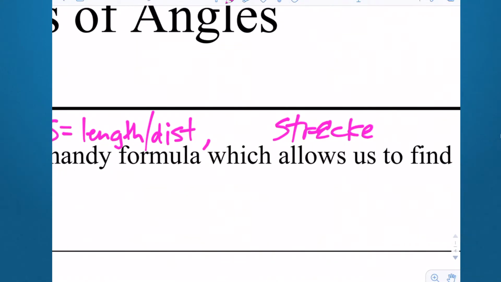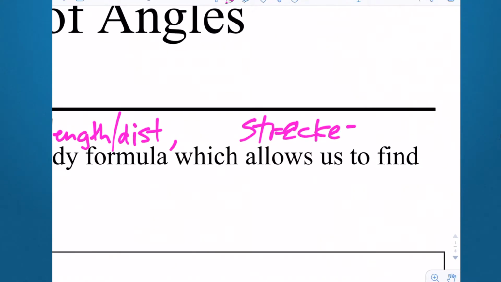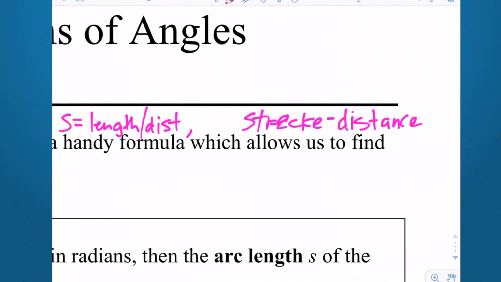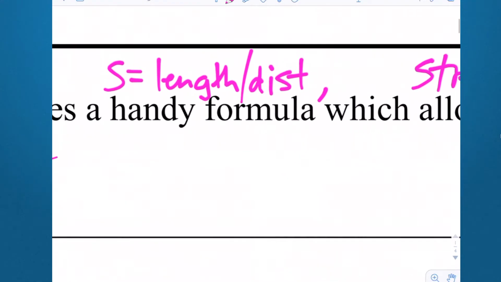What is Strecke in German? Anyone else take German in here? I know you did. We speak German every day at home. It's German for distance. If you had to guess, that would be a good guess, and you'd be right. Strecke. So I know in physics you use like S of t for a position equation, and that's why. Y'all don't? It's pretty customary to use S of t, V of t, and A of t.